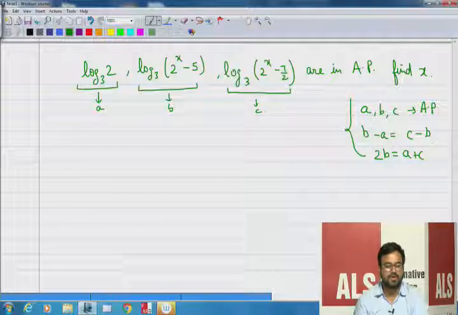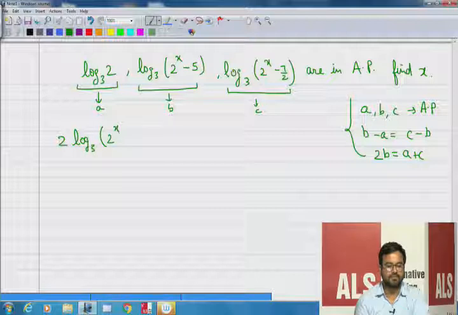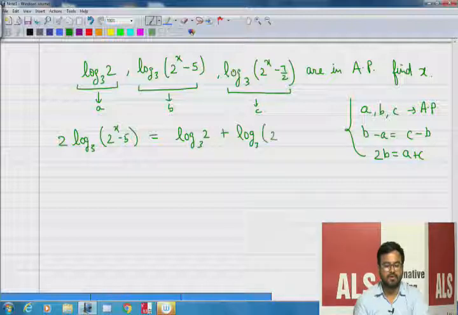So you can write it like this: twice of the second term is equal to the first term plus the last term.